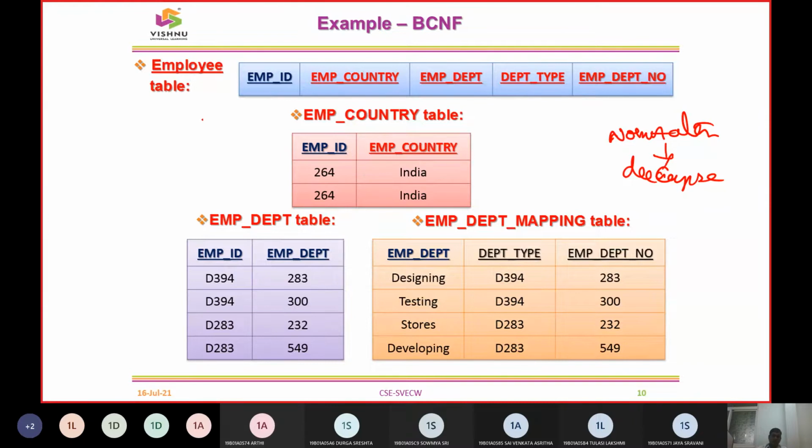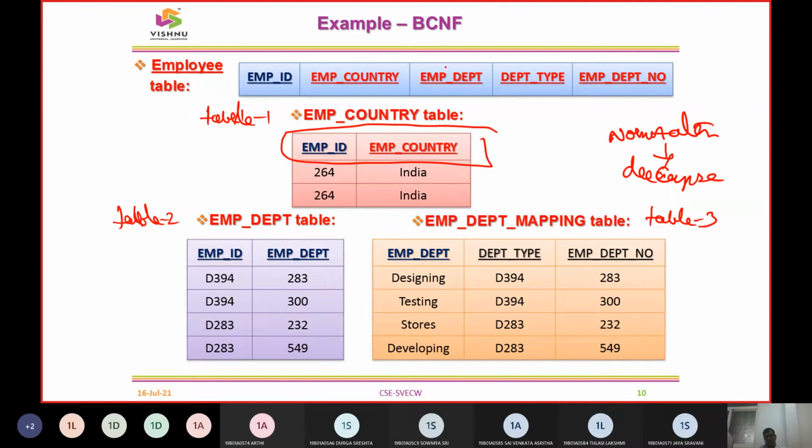Now we are going to move into smaller tables: table 1, table 2 and table 3. The very first aspect is that I can see that employee ID and employee country only can fit.